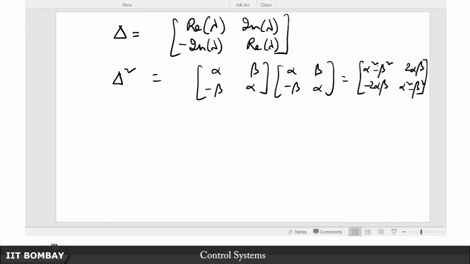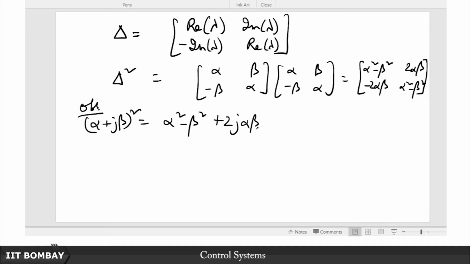Now once we have gotten this far, what do we observe? Well, if you take alpha plus j beta whole squared, observe what this is. This is alpha squared minus beta squared plus 2j alpha beta.